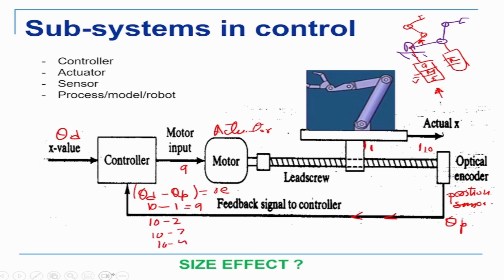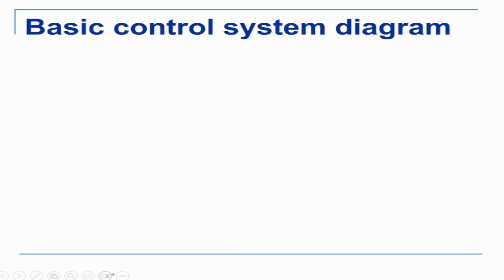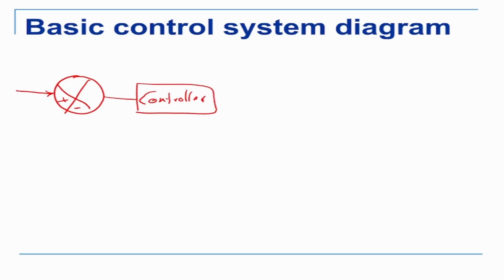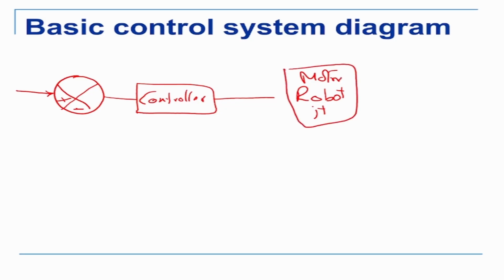Now that is how each of the joint controllers works. If you look at the basic control system diagram, it will look something like this: plus, minus. This is the controller, and this is my robot joint plus motor.